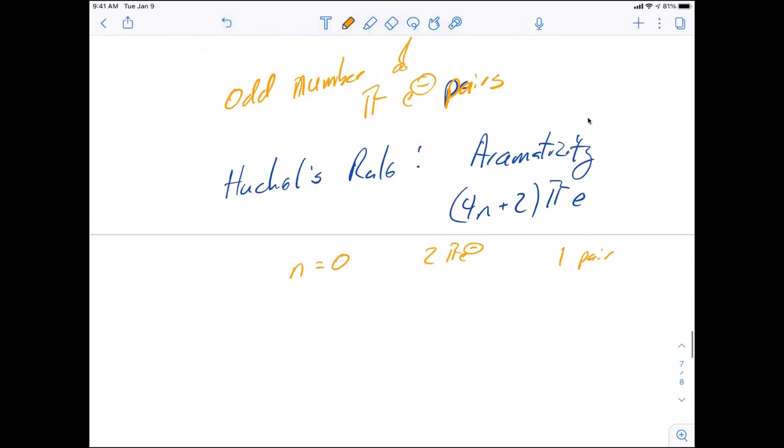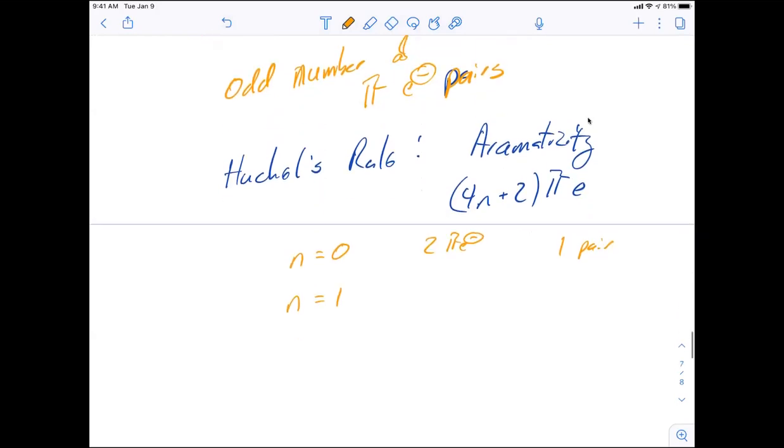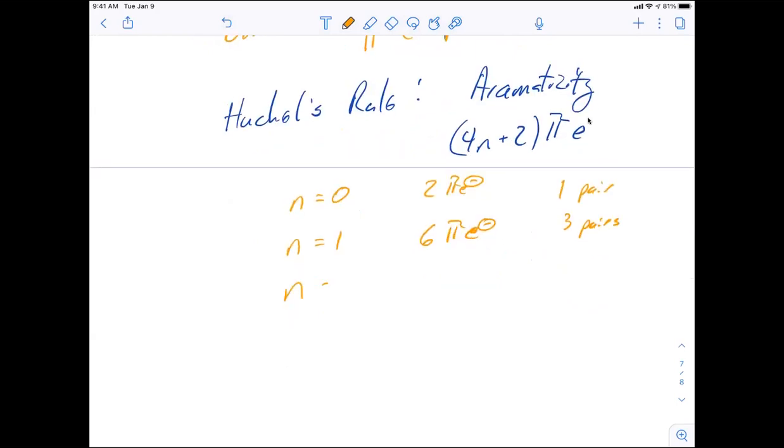If we had n equals 1, how many electrons are we going to get there? Well, 4 times 1 is 4, plus 2, that gives us 6 pi electrons, or 3 pairs. Again, odd.